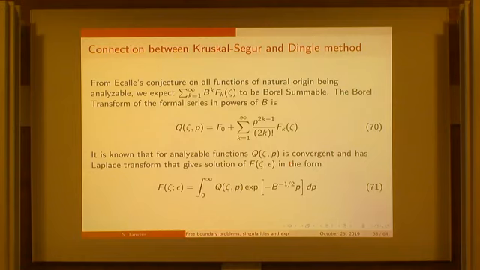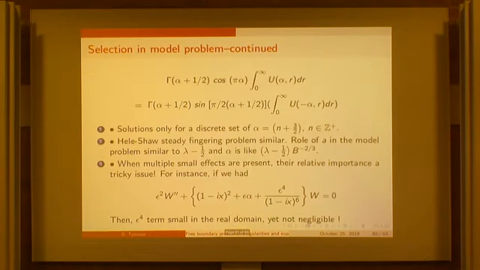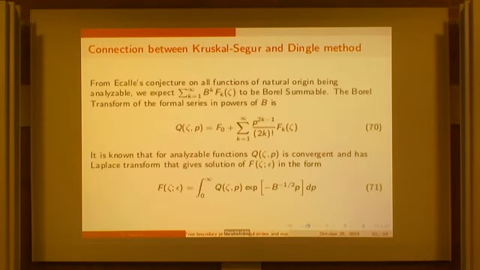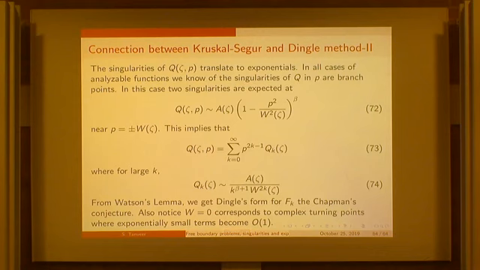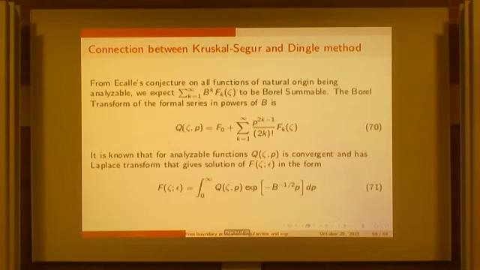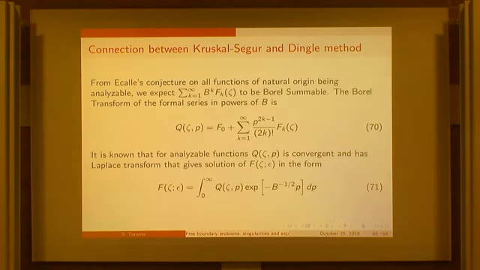So for an analytic function, you have a convergent representation, and therefore, if you want to recover the solution of the actual problem, not just the asymptotic expansion, all you do is take the Laplace transform of this Borel sum.